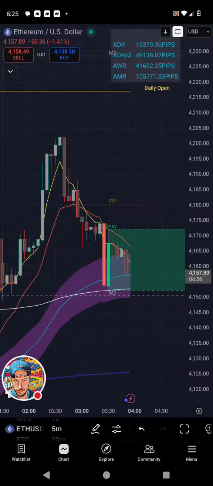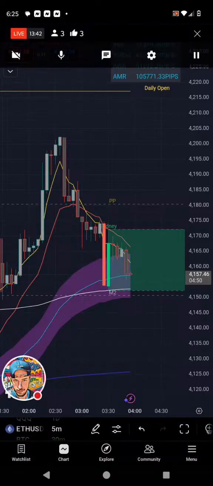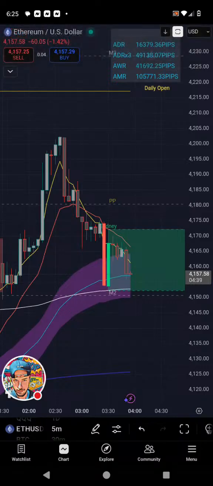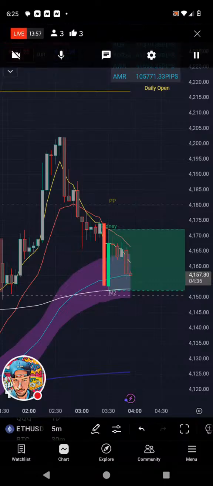Okay, so we close above that 50 EMA on the Ethereum. Let's see what happens with this next candlestick coming in for us right there. All right, let's see what we got popping.